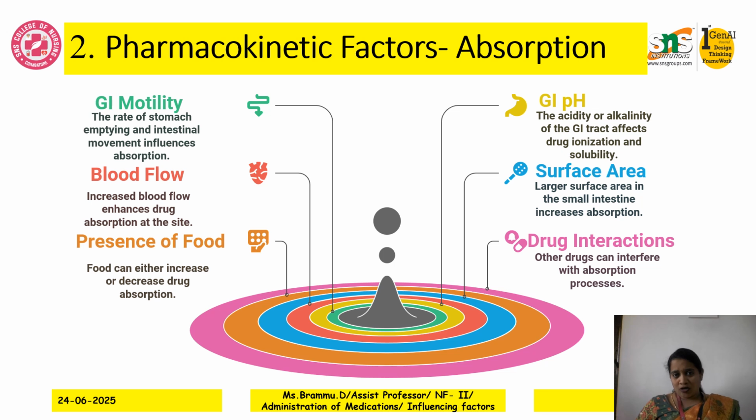And the last but not the least pharmacokinetic factor is drug interactions. Certain drugs, when given along with another drug, may interact or may reduce the power of that particular drug, and that's why we do not give certain drug combinations together. We may switch the regimen to either the morning or the afternoon.